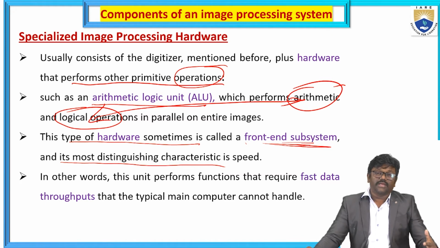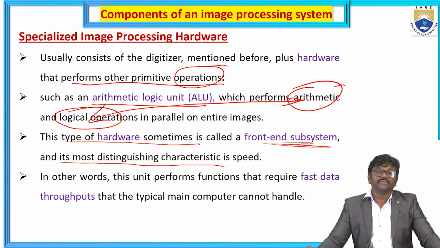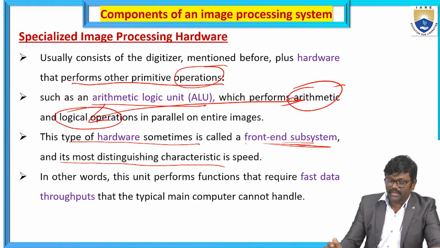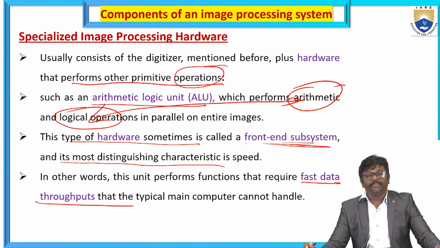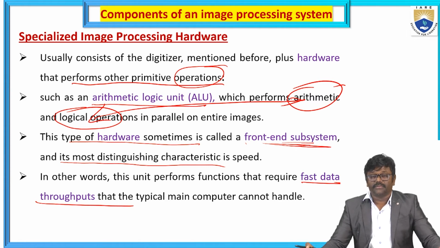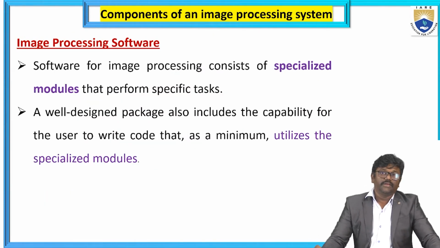Speed is the monitoring process that we understand in terms of the front-end system. The fast data throughput that a typical main computer cannot handle is required for the performance of such ALU operations, which the main computer may fail to handle. Okay, next we will see the image processing software tools.